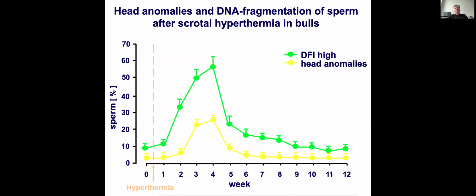It's very important, for example, for human medicine, because in human medicine they often use morphology to decide which sperm cells they use for intracytoplasmic sperm injection. And it could be that they inject sperm with a DNA damage because they don't realize it by using this method.